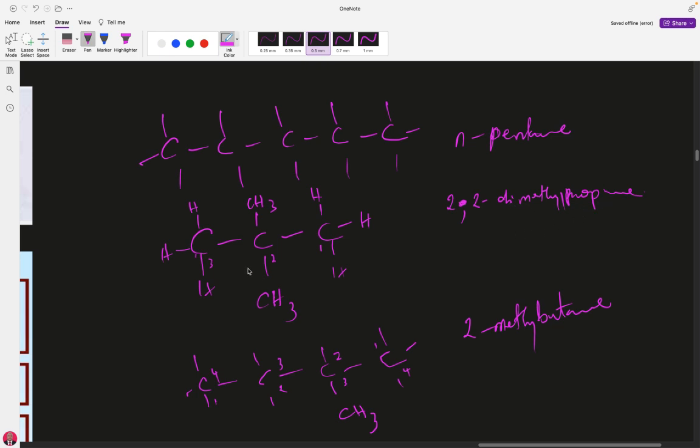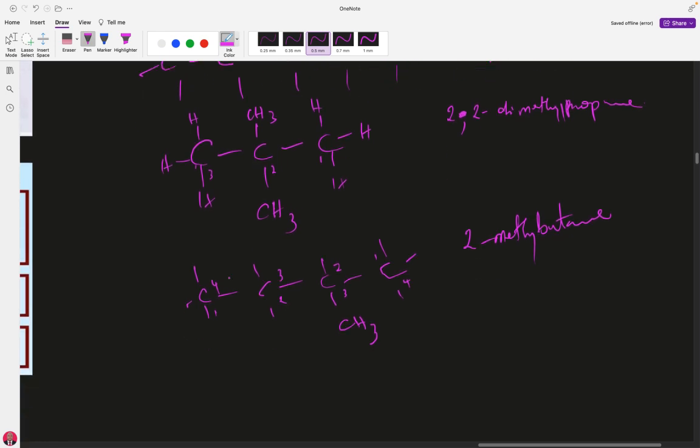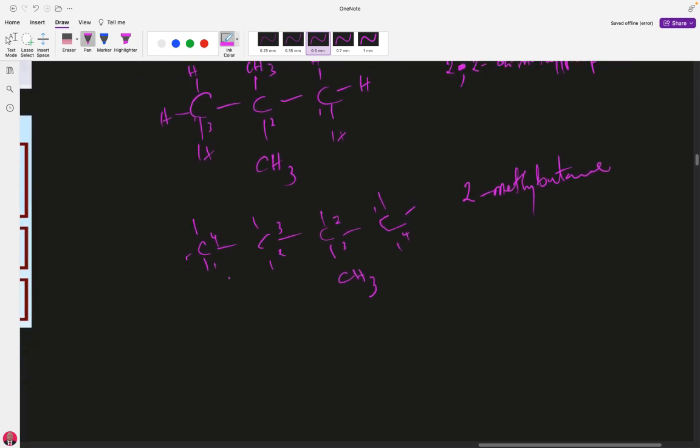So now, another structure could still exist in a cyclo form. Pentane has 4 positions, so a cyclopentane will have a reduction in the number of hydrogen atoms.